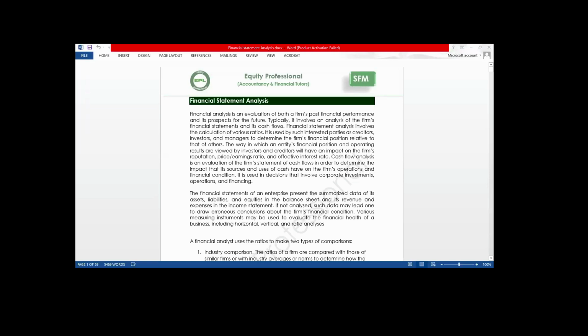Your sales revenue, your cost of goods sold, your interest cost, your taxation. These are the items of the income statement. From your income statement, you are going to get the operating profit.